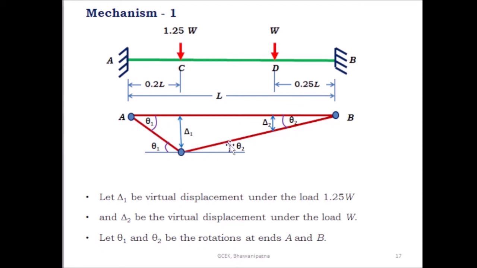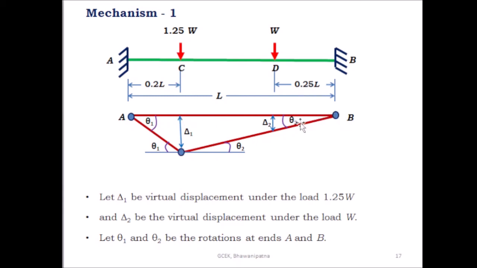Here first we will find the relation between theta 1 and theta 2, and delta 1 with theta 1. Let us take two similar triangles here. This is one triangle and this is the second triangle.